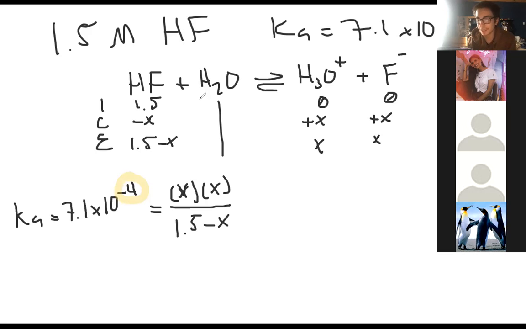I would say if it's negative 3 or lower, you're good for the shortcut. So you get a little check. But if it's higher than that, you cannot use the shortcut. Negative 3 is honestly kind of pushing it. Negative 4, we should be good. But if you don't use the shortcut, you have to use the quadratic equation.